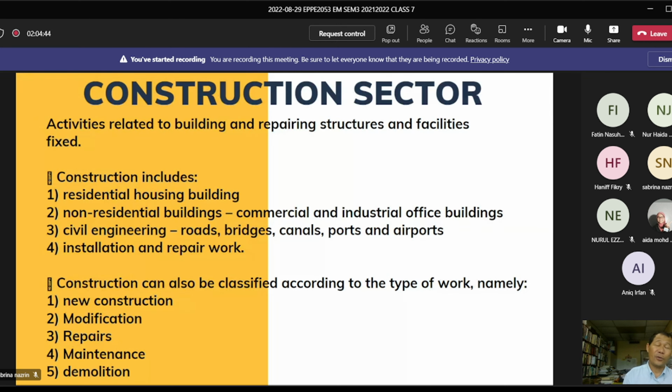Malaysia hosted CHOGM, where heads of government of all Commonwealth countries gathered in Malaysia for that meeting. And there was another one: the Commonwealth Games.